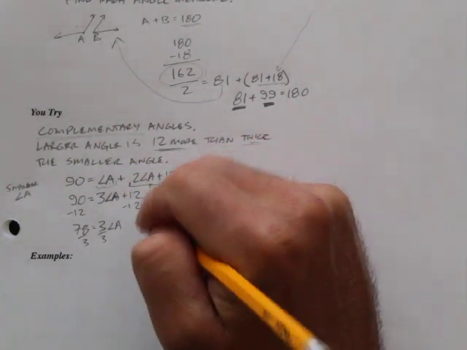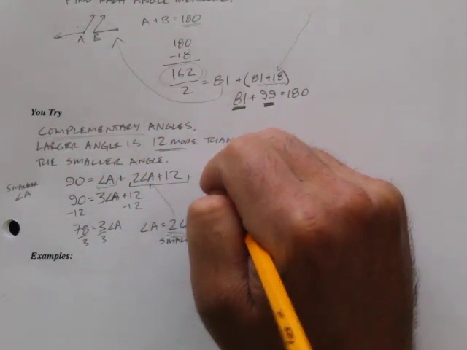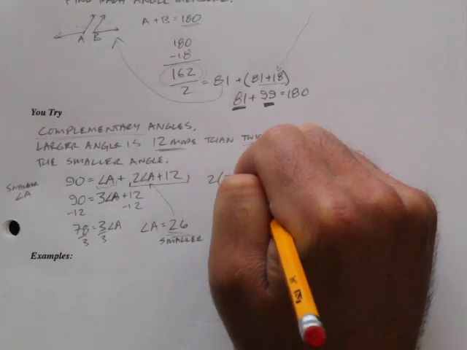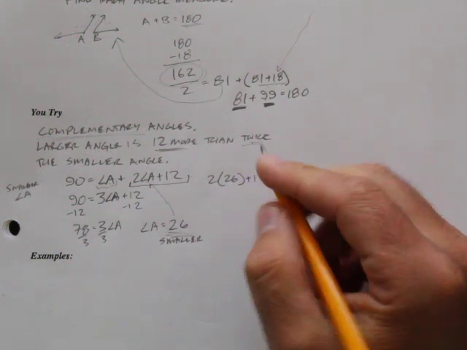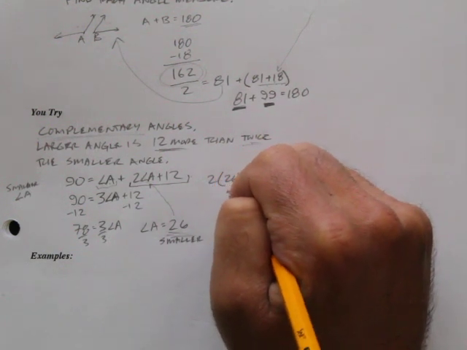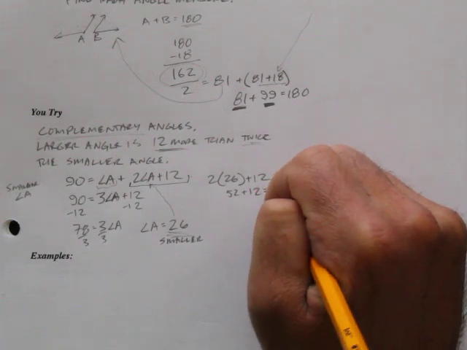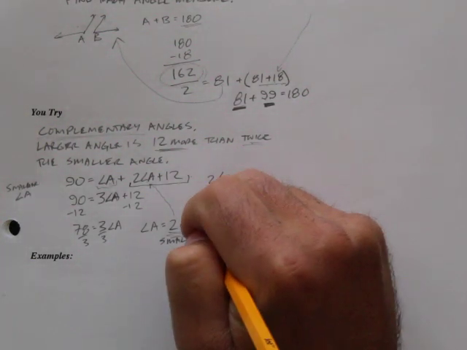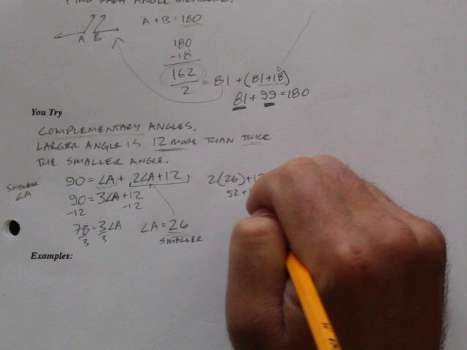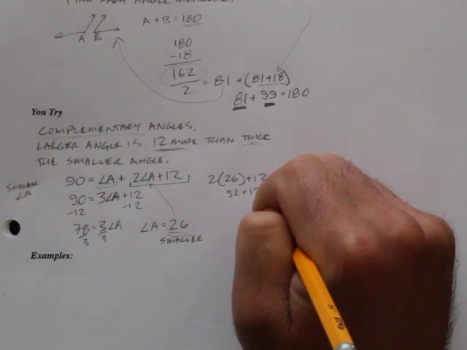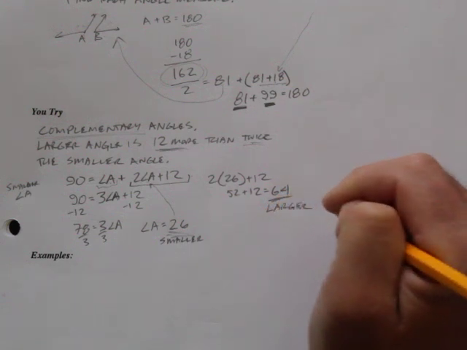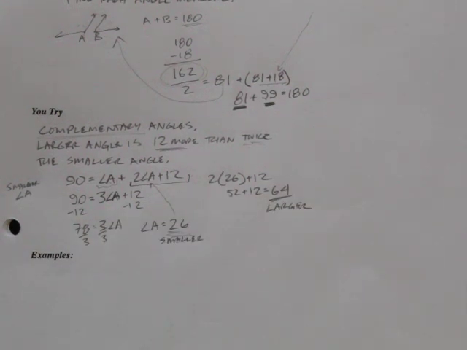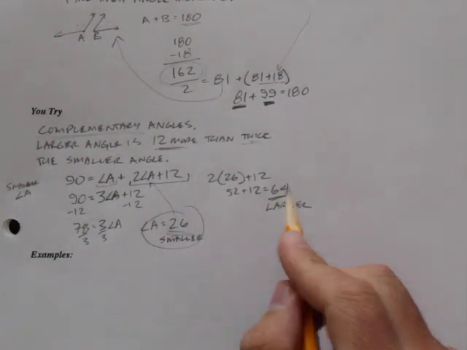I just plug 26 back in: 2 times 26 plus 12. 2 times 26 is 52. 52 plus 12 equals 64. So larger is 64. And that is how you do that one.